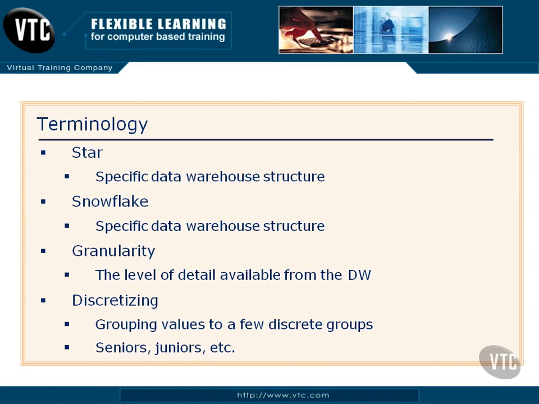These are all students, but rather than go by ages, we know generally what seniors are going to be, generally age grouped, juniors and so forth. And so we can do this in data warehouses. We can take years and discretize them down into quarters, the week number of the year, all that kind of stuff. So this simply is breaking a large group up down into a few discrete groups, and there's all kinds of possibilities with that, and a lot of times that becomes art as opposed to science.